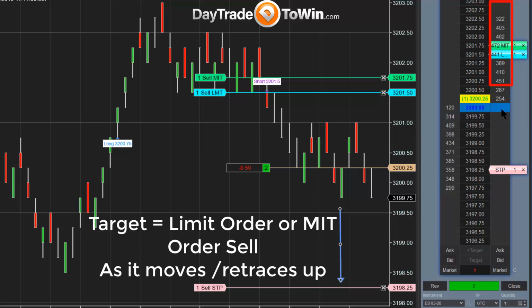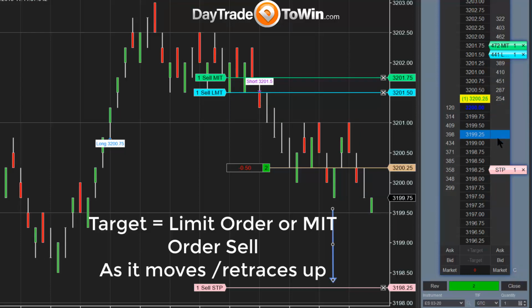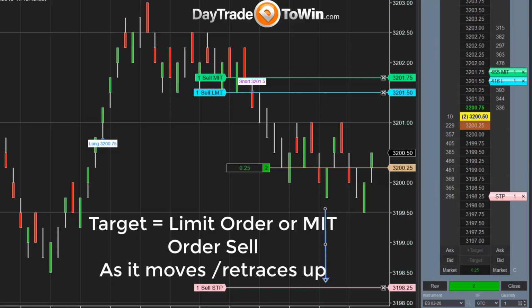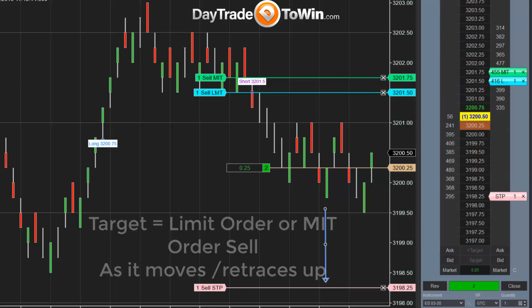If the market is going down, it's going in the same direction. I'm selling it as it moves in the same direction to protect myself from losing any more money. Or I'm selling it at a profit as it retraces up and I'm selling it as it goes up. Hopefully that'll help you with understanding market if touched, limits, and a stop with a limit.